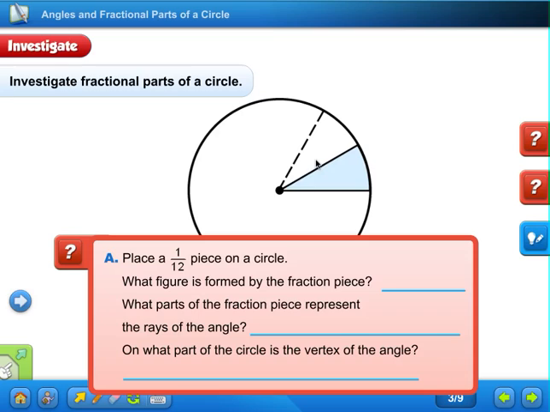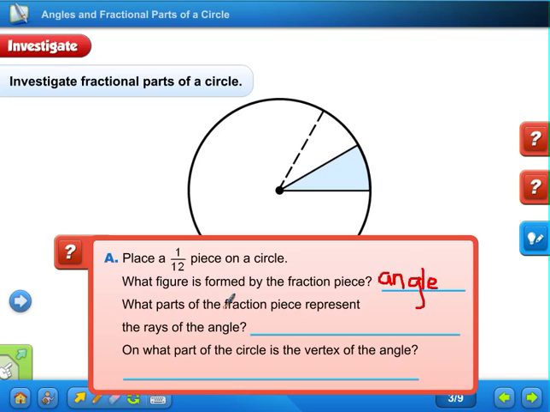And it says, what figure is formed by the fraction piece? Well, it is just an angle. It is an angle right here.